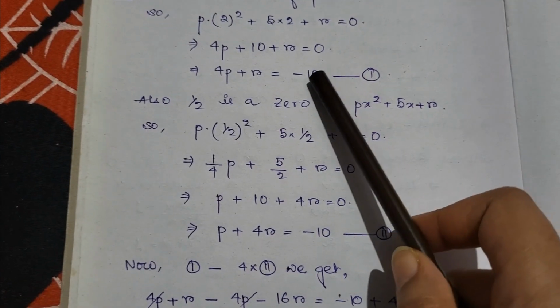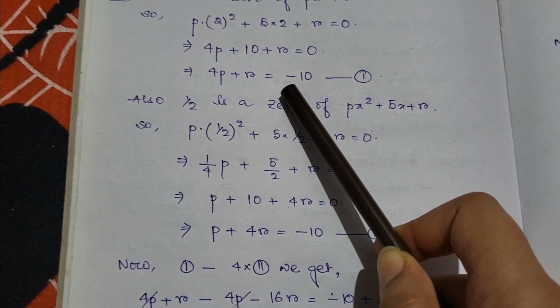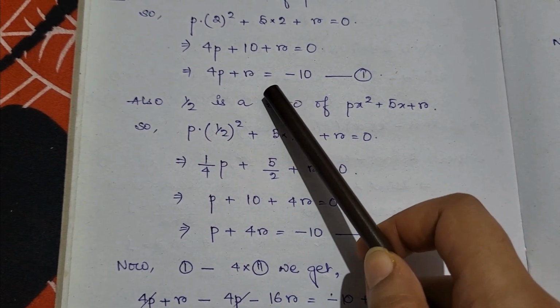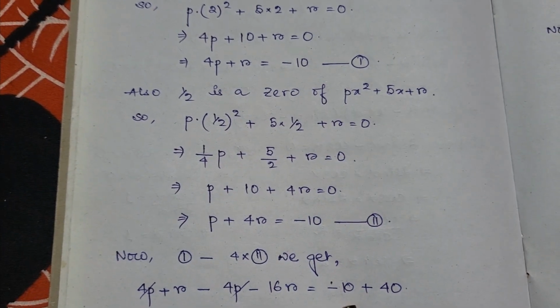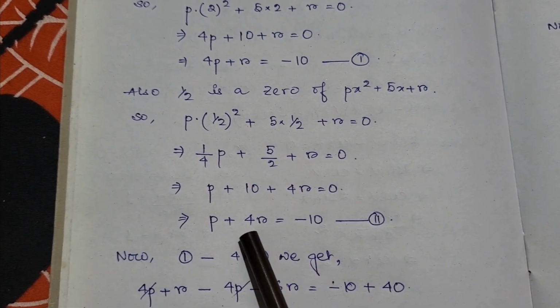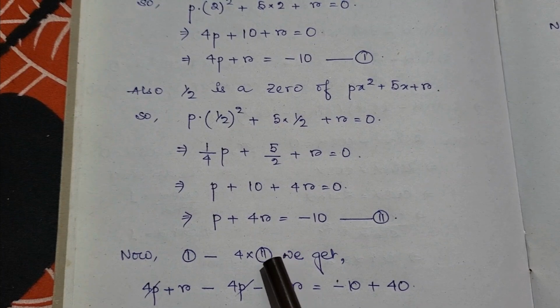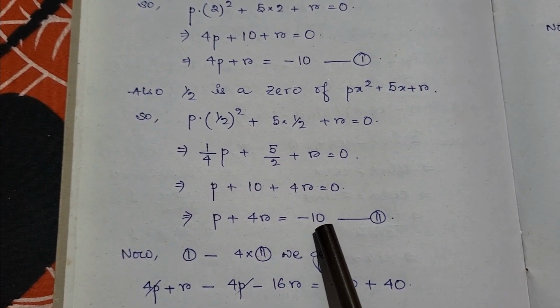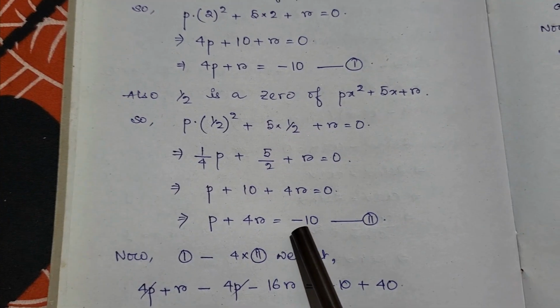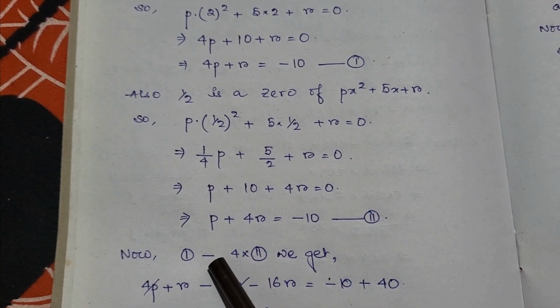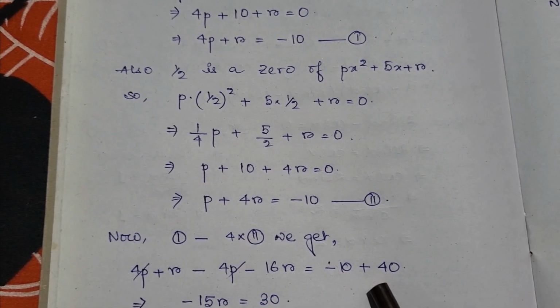Now on the RHS, we have minus 10, which was minus 10 exactly. And since we were multiplying 4 with the second equation, we have 4 into minus 10, which is minus 40. Now minus and this minus becomes a plus, so we have plus 40.